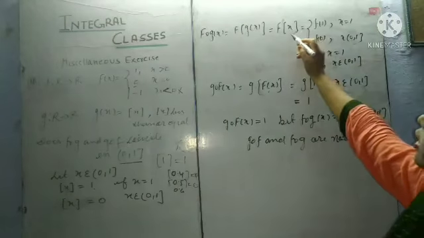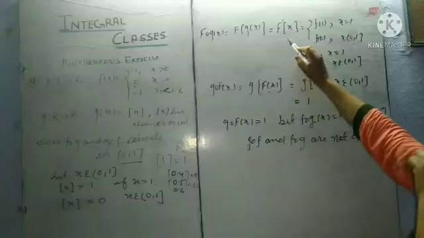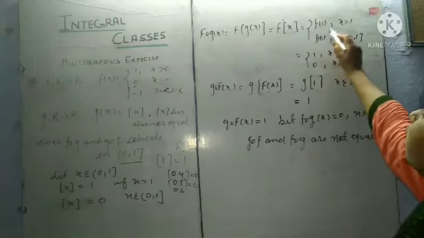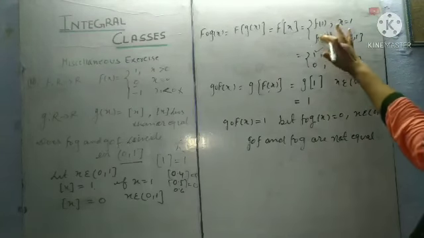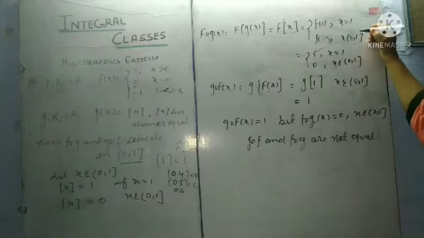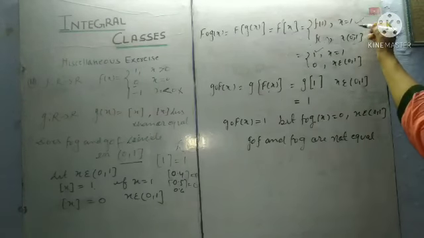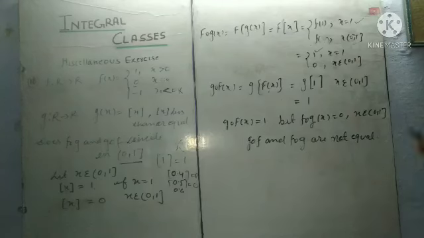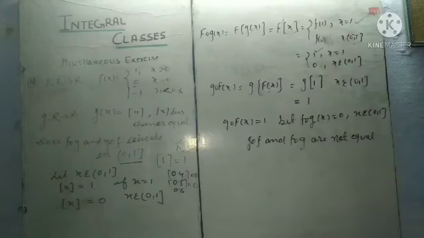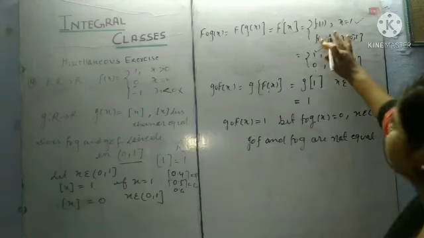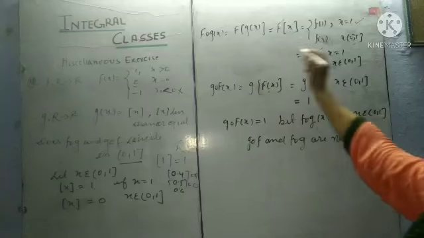Now if we put 1, f(1), here two conditions arise. f(1) always gives 1, and for the other points we do not put 0, we put a number between 0 and 1. 1 is not included because we already found the value at x = 1, but for the other points 0.5, 0.6, we always get 0. So we get two values of fog, 1 and 0.